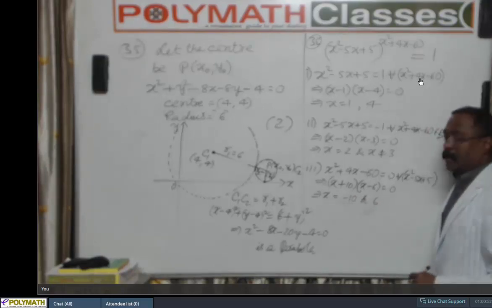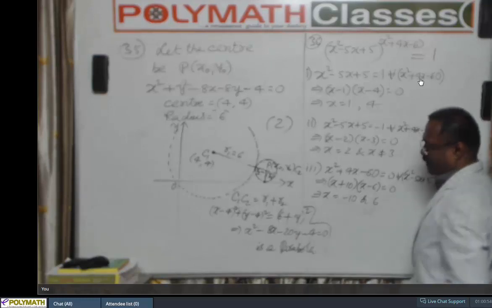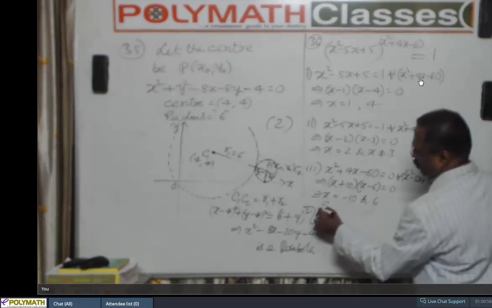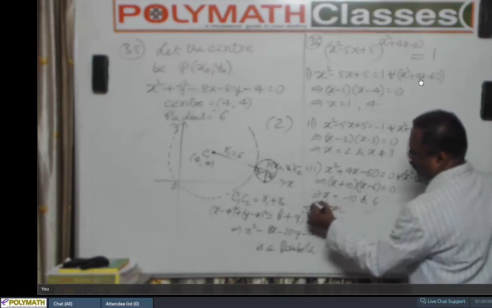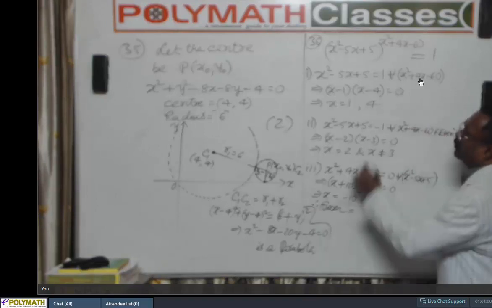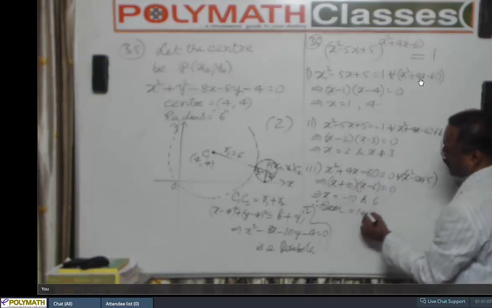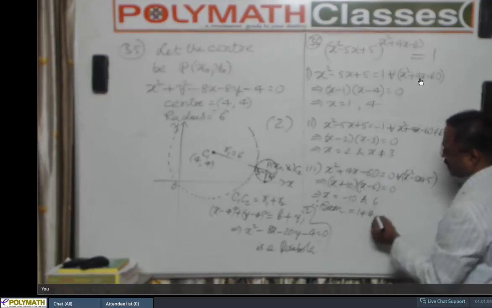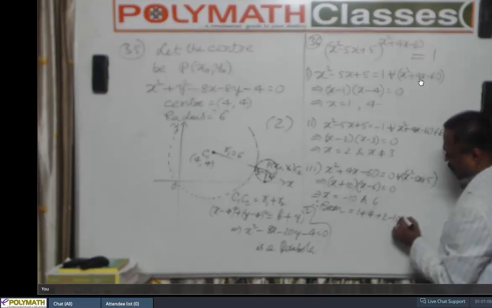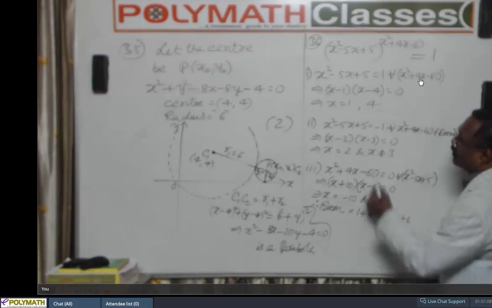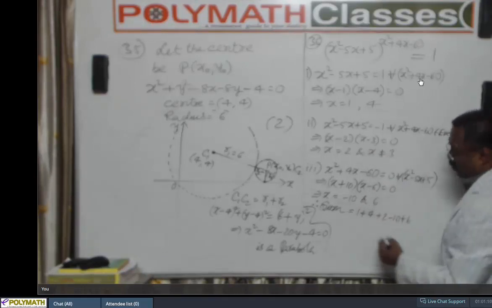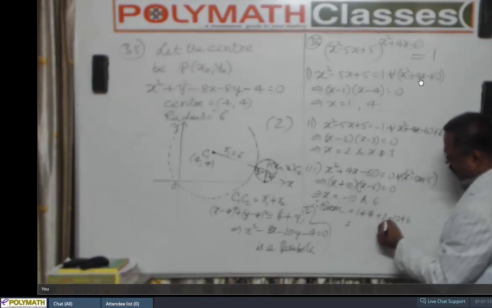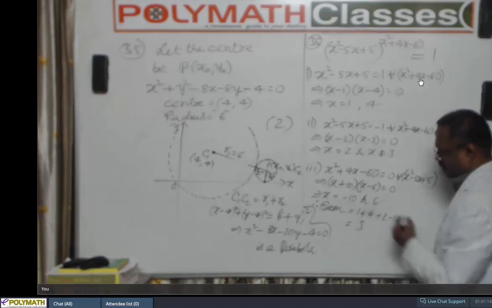Okay, now the question asks for the sum of the real solutions. Therefore, the sum is equal to 1 plus 4 plus 2 minus 10 plus 6. 3 is eliminated because it is odd. So it is 5 plus 2, 7, plus 6, 13, minus 10, it is 3.